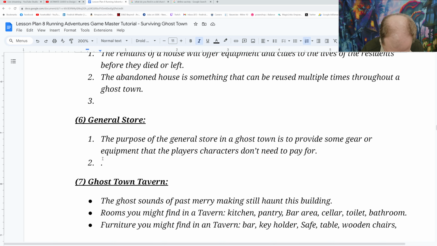What general store furniture and equipment would there be? Try that. No stock.